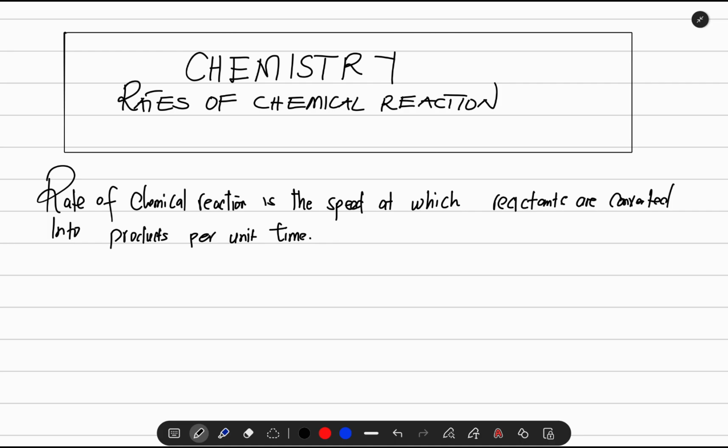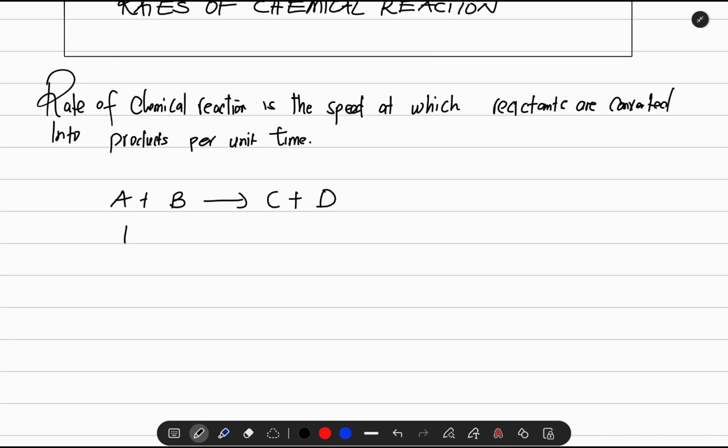Before I go to the factors, if I have reactants A and B reacting together to form C and D, these are the products. I can find my rate based on how the concentration of A is decreasing in terms of time, or how B is decreasing. I'm showing a negative sign to say it is decreasing.